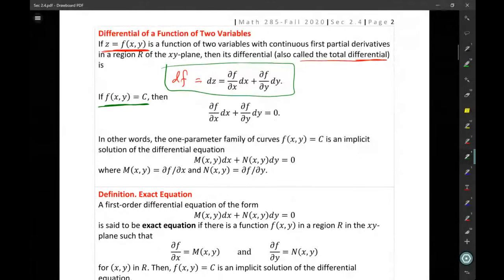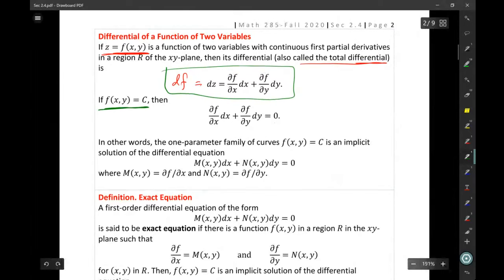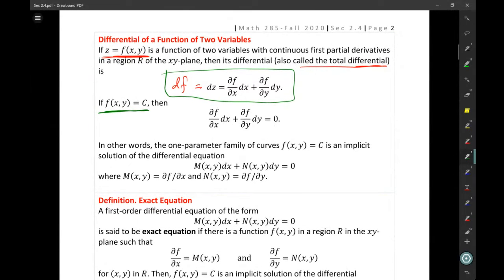Okay. Now let us rename df by dx, because it's a function of two variables, to be M of x y, and df by dy to be renamed N of x y.